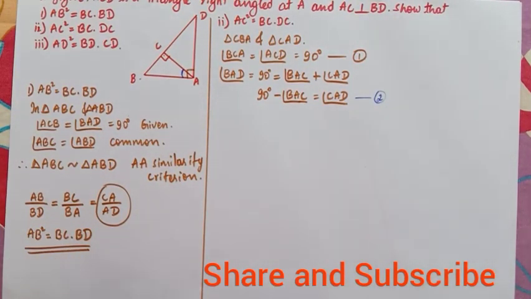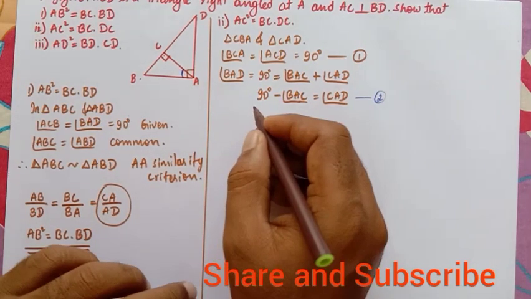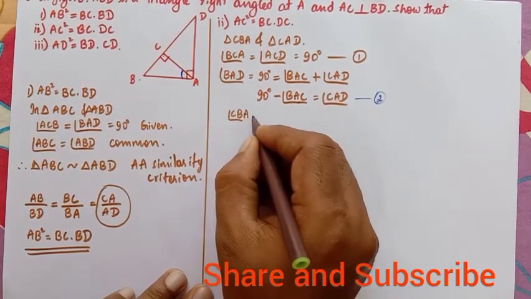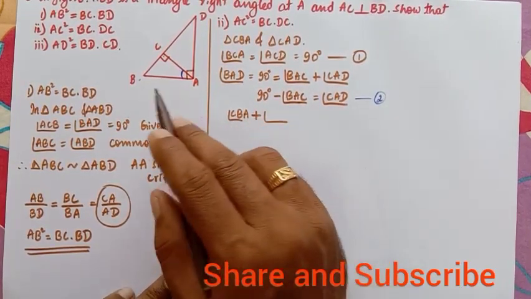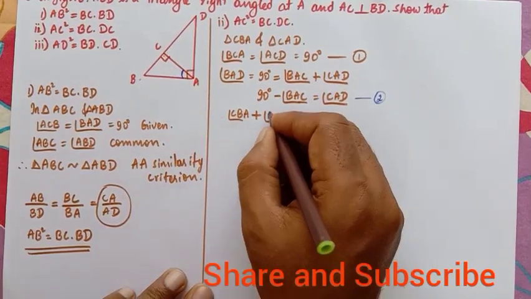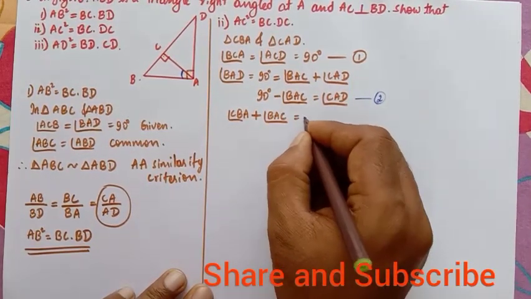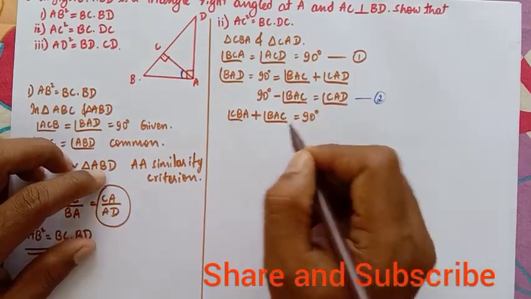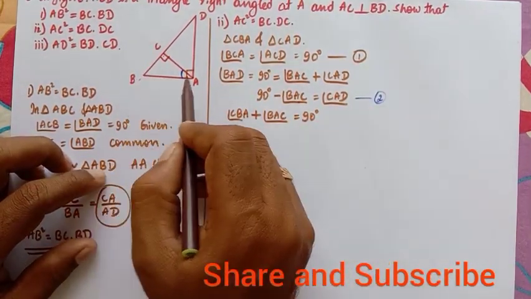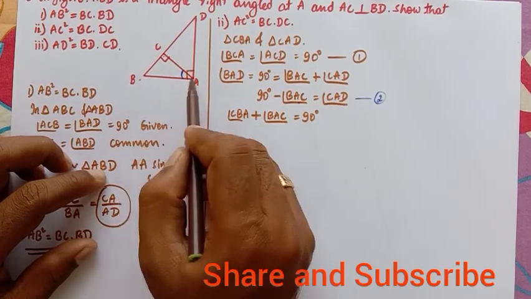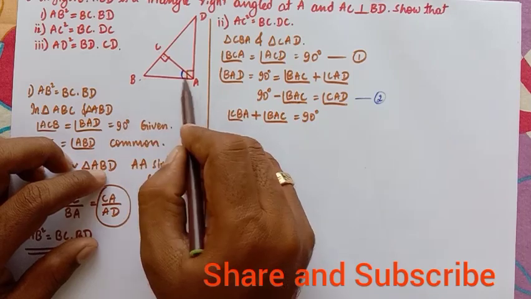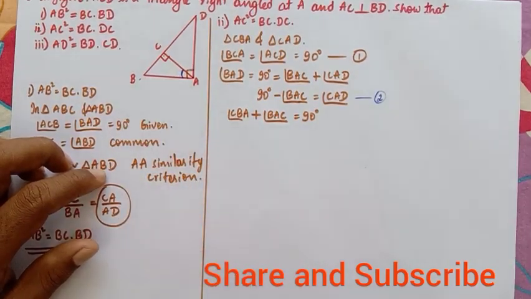Next, we will be taking angle CBA plus angle BAC. BAC is equal to 90 degree. You should understand this one. In triangle CBA, if we add up all the three angles, we will be getting 180 degree.